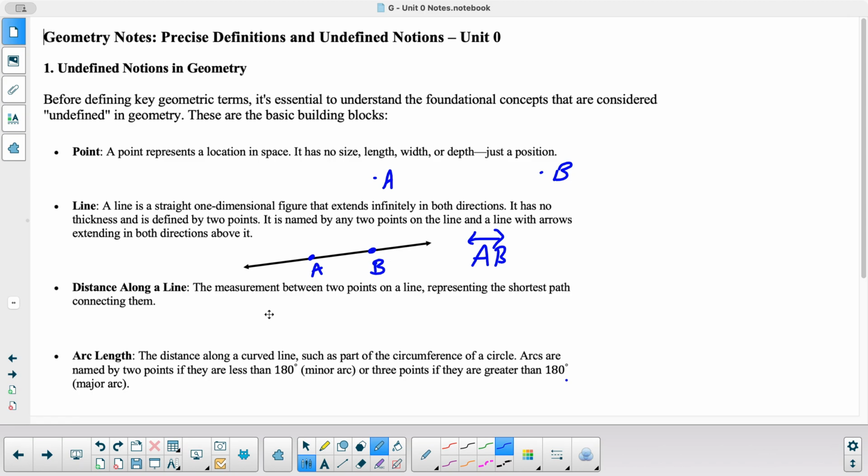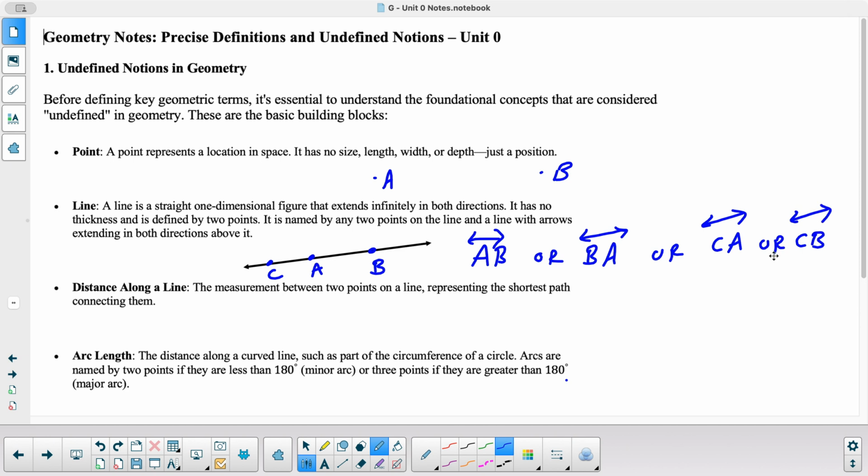Okay, line AB. Now, we could also write it as line BA. There's no real right or wrong way. It doesn't matter that B is on the right and A is on the left, as long as there are 2 points on the line. If I had a third point over here, let's say this is point C, you could call it line CA or CB.